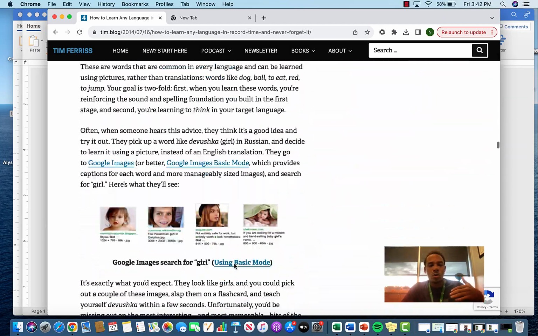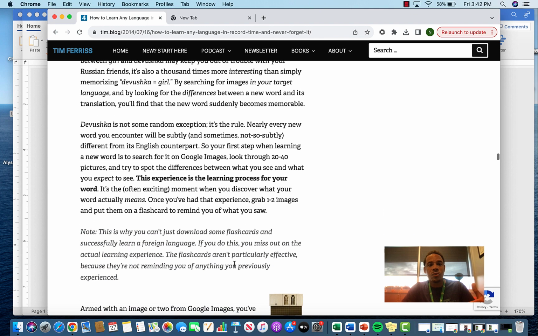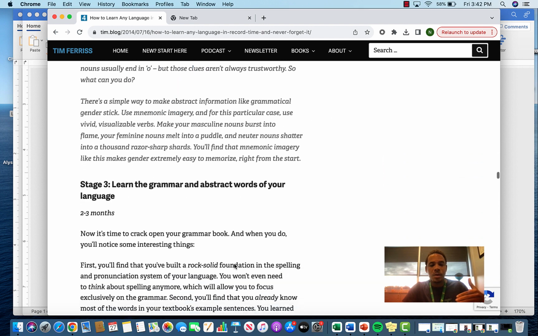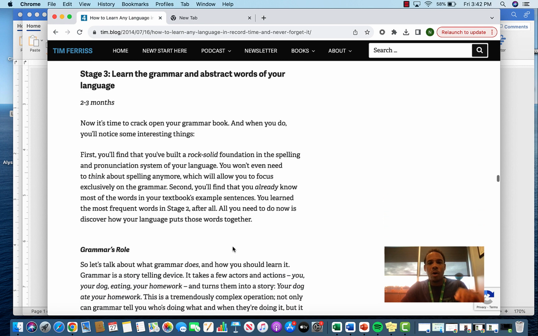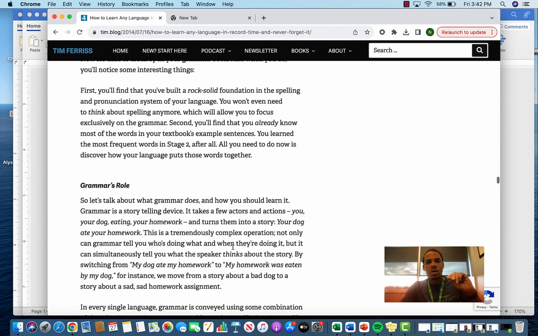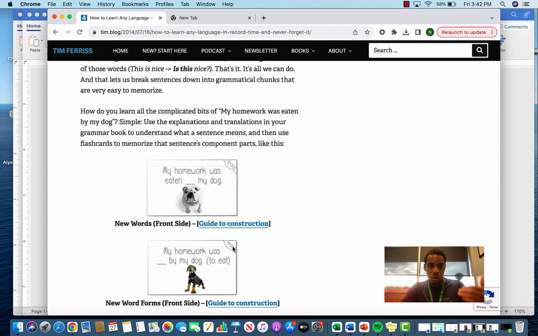And we're going to use as an exercise for college freshmen in an entry-level French class stage 3 of this blog post technique, where you learn grammar by creating flashcards, and it's about using the flashcards to learn the structure more so than the words.